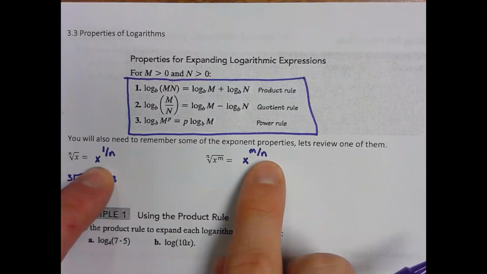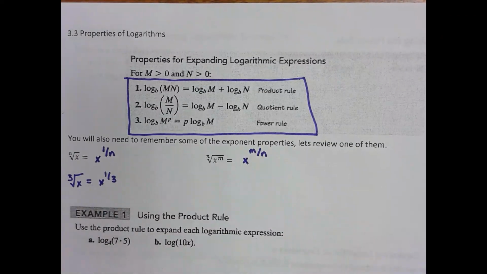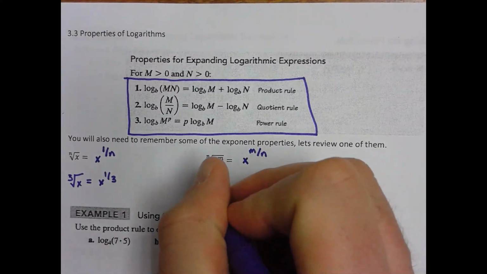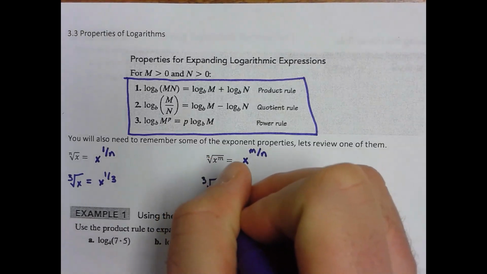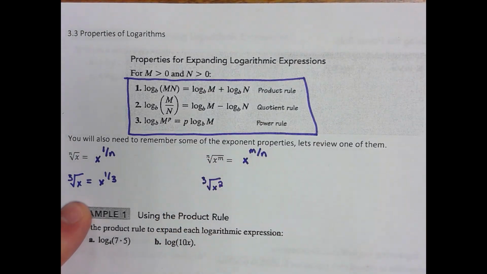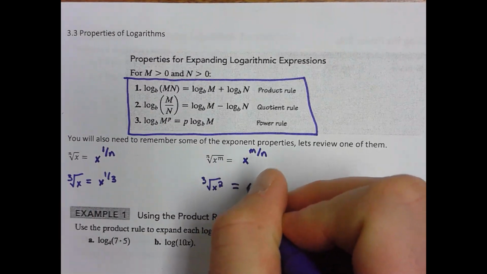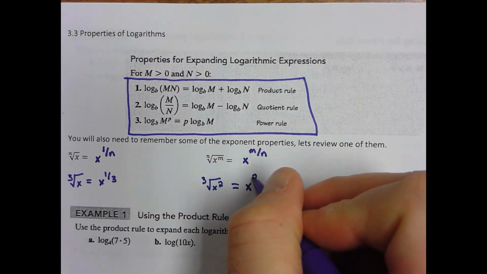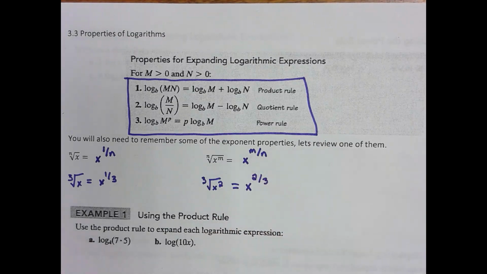Whatever we're taking the root of will always be the value of our denominator. So an example of this is, let's say we have the cube root of x squared. So kind of like what we had in this other example I made here. It's just instead of it being 1/3, now it's x to the power of 2/3. Okay, so that's a really important property that's going to show up as we expand and work to condense logs.